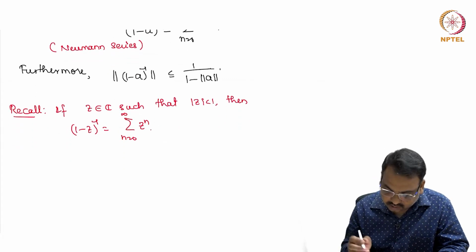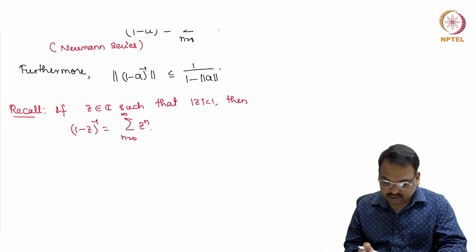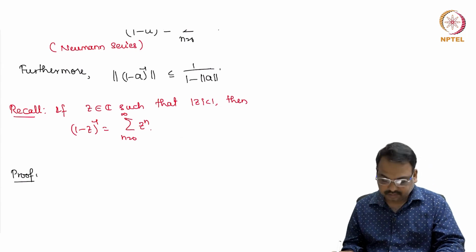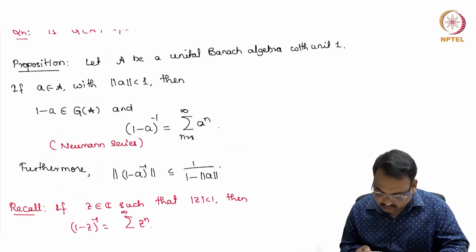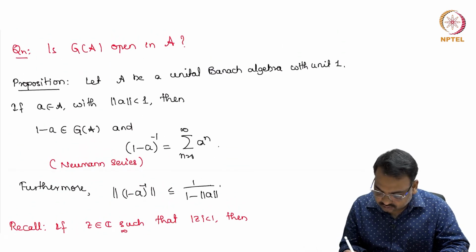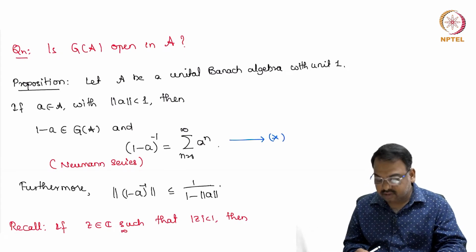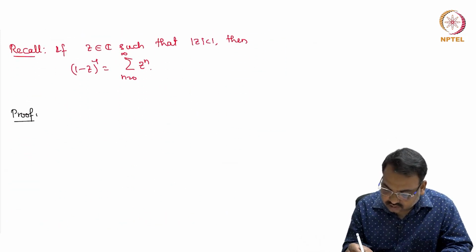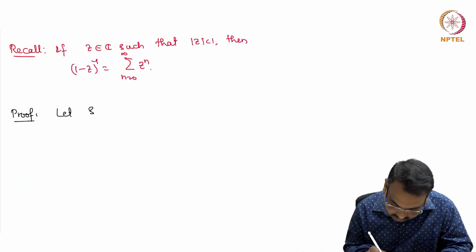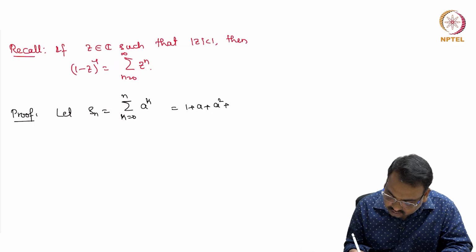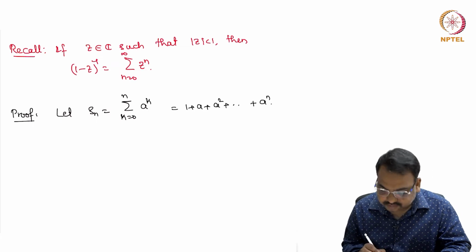Okay, so let us try to imitate the proof of the complex version of this result. Let us call this equation star. To show the series in star is convergent, we have to look at the nth partial sum sequence. So let us write Sn as summation k equal to 0 to n a power k, that is 1 plus a plus a square and so on up to a power n.